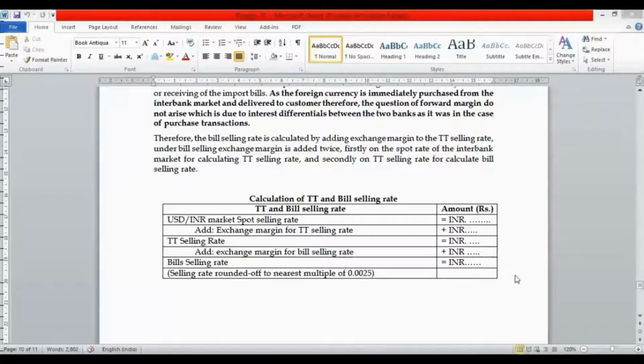The concept here is that the customer is approaching the bank for buying the foreign currency. When the customer buys, the bank has to sell. And as the bank is selling the foreign currency, which has a value higher than the Indian rupee, the higher currency value transaction will be considered, and that is the selling rate itself.